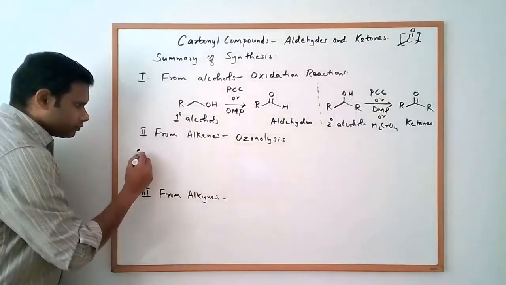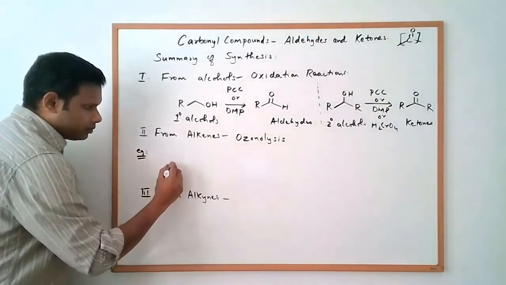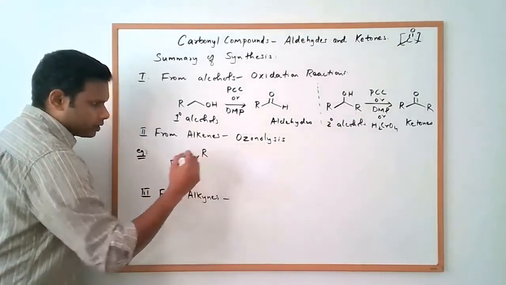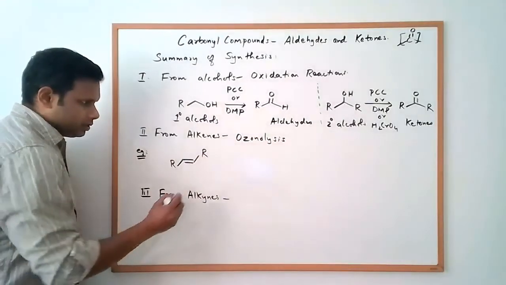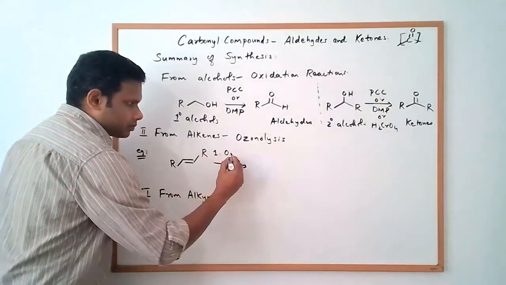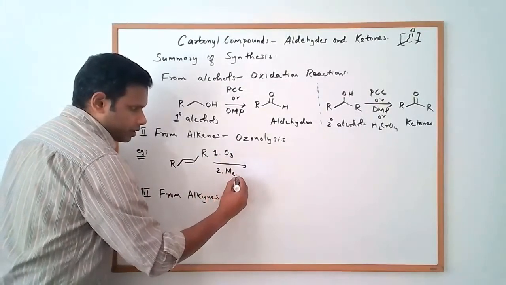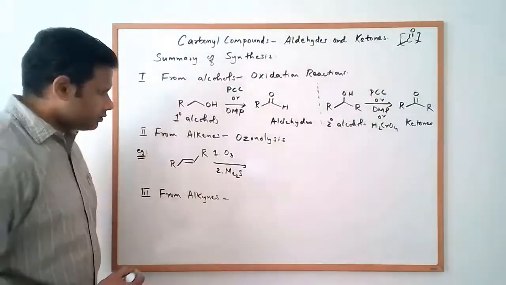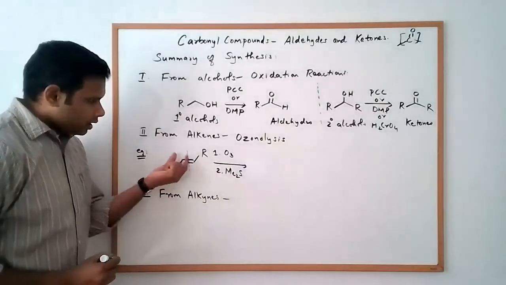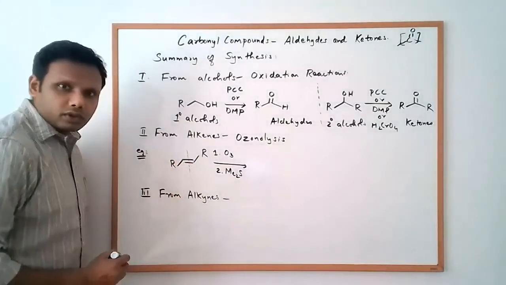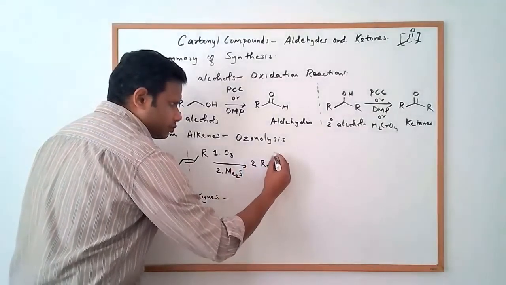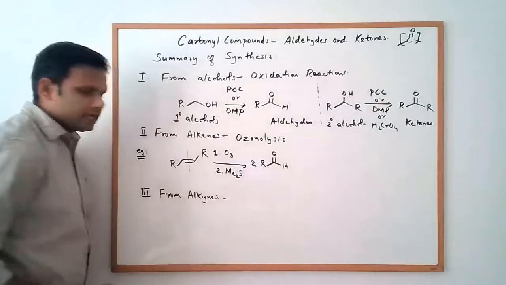So, for example, if we use a di-substituted alkene, this will undergo ozonolysis followed by a quenching with dimethyl sulfide, and recollect that it will cleave the double bond and add an oxygen to both of those carbon atoms. So what we get as products are two molecules of the aldehyde.